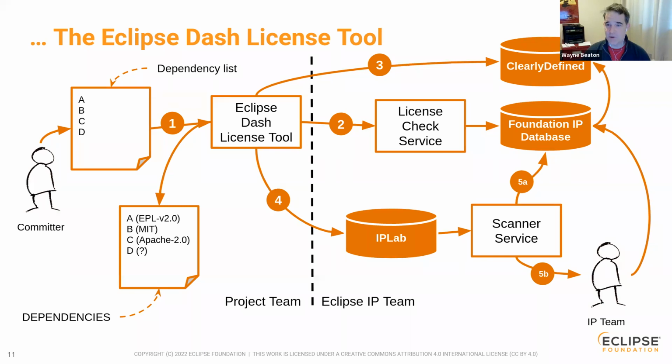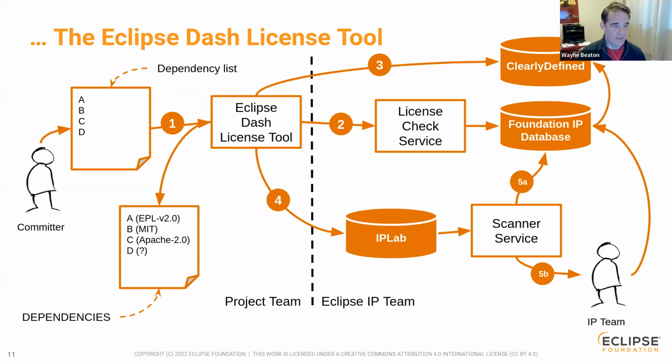There is a scanner service, which again I'll talk about a bit more in a second, which scans for content, and if it determines that the licenses are all approved and if the tool has confidence that the licenses are well defined, it will approve that information and push it to the Foundation's IP database. And if not, it annotates the issue to bring attention to the IP team to deal with it.